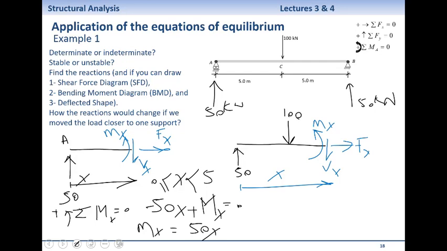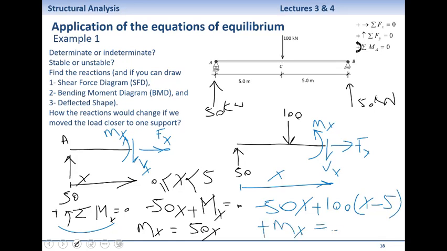So this is now going to change my bending moment equation. If I write the same equation, again I have negative 50x plus 100 times (x minus 5) plus Mx equals 0. This is a completely different equation.